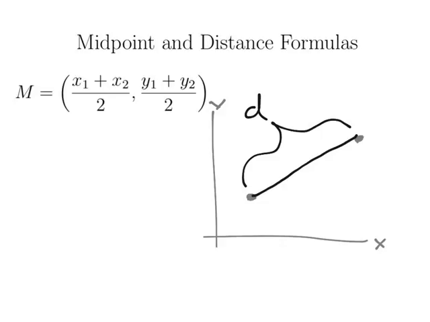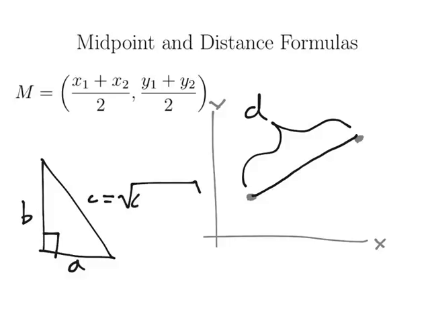So, if I have a right triangle, where let's call this distance a and this distance b, the Pythagorean Theorem says that if I call this distance c, this is just the square root of a squared and b squared.